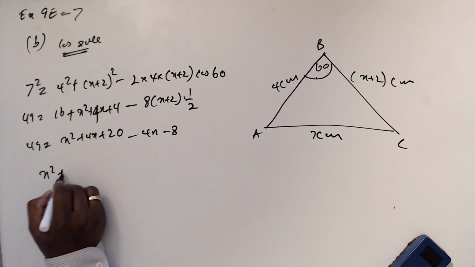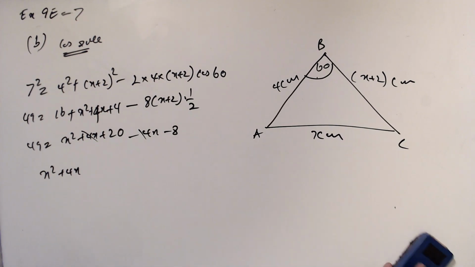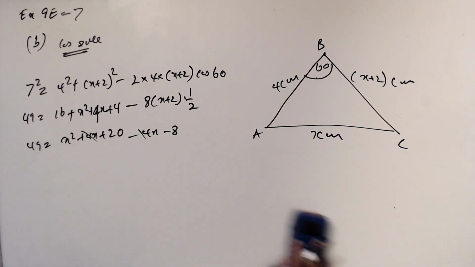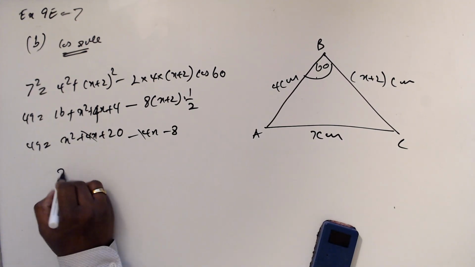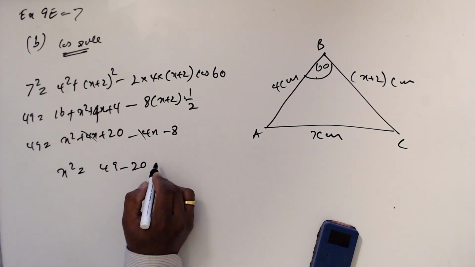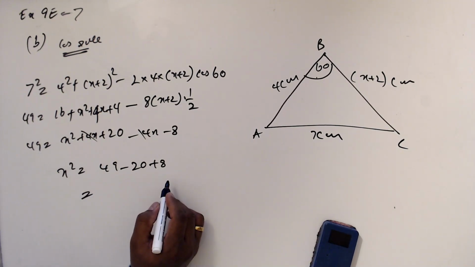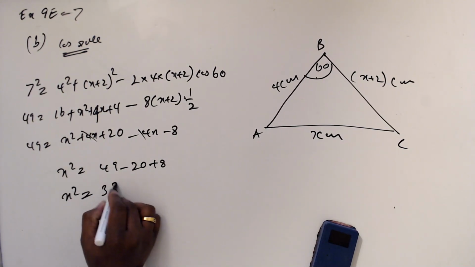The 4x terms cancel out. So x squared equals 49 minus 20 plus 8. So x squared equals 37.